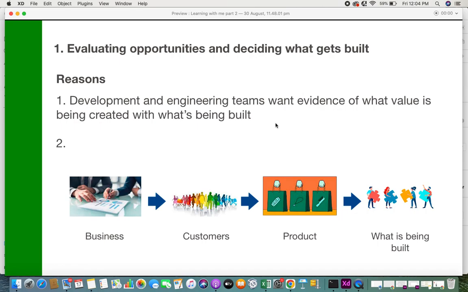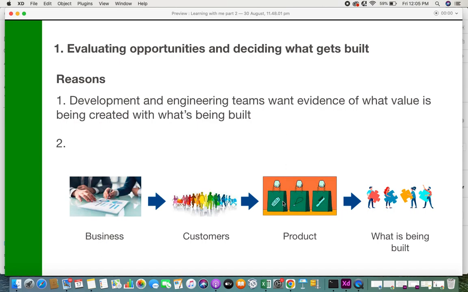The second most important thing is, when you look at a business, businesses are really dependent on, or all about, their customers. When customers buy products, the businesses get profits. So how do customers have a link with businesses?